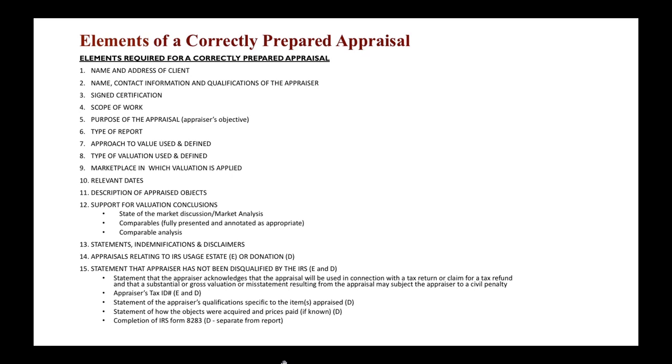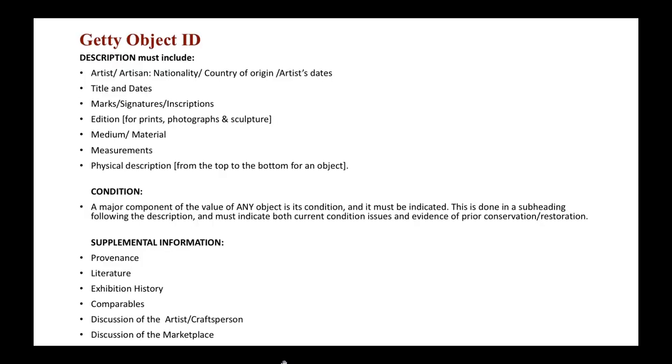So remember, you need to show that you have the experience, education, and understand the connoisseurship of that particular item. Statement of how the objects were acquired and prices paid, if known. Sometimes our client gives us that information and sometimes we don't have it. And the completion of the IRS Form 8283 for a donation appraisal. And then the Getty Object ID. So this is how we've set out to write our description of the item.